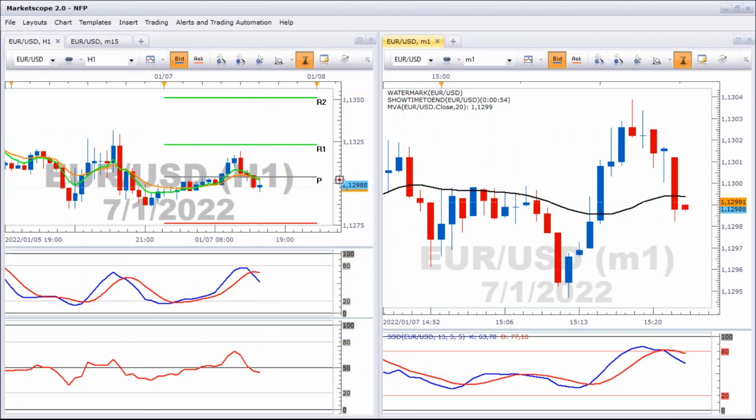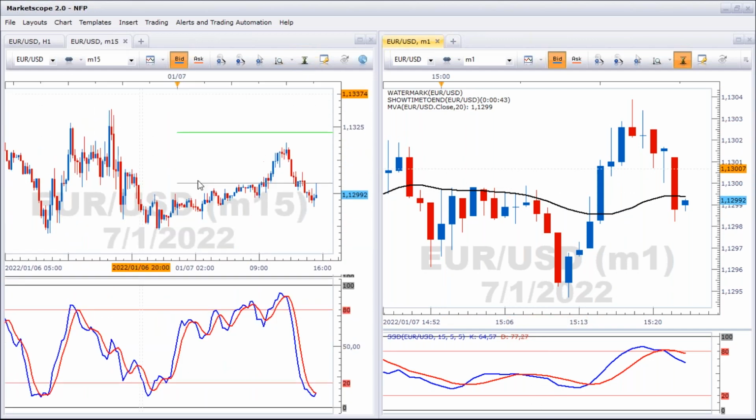Okay, so this is our layout that we'll be using. The trading is generally going to be done on this 1 minute chart. I've got a 1 hour here to reference, and I've got a 15-minute.